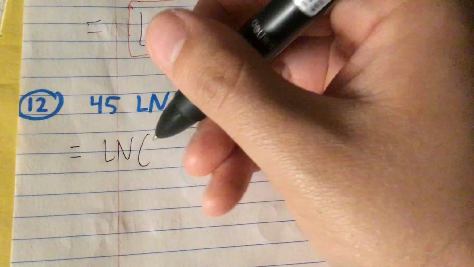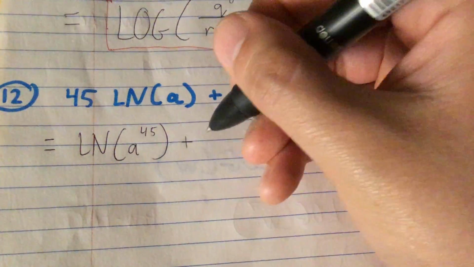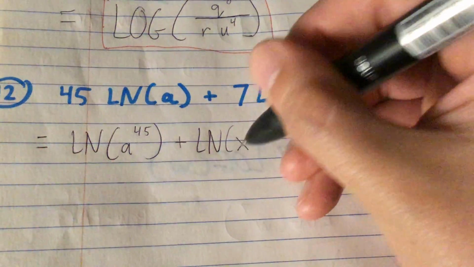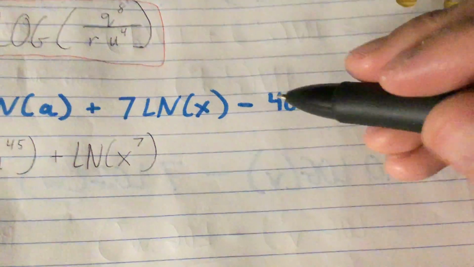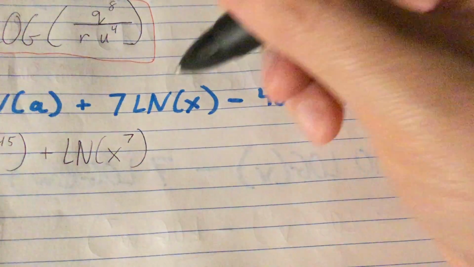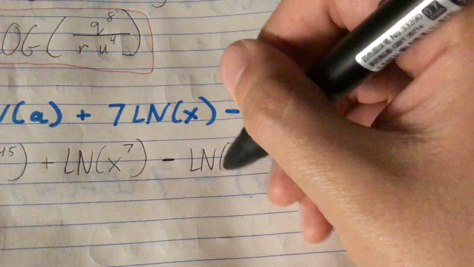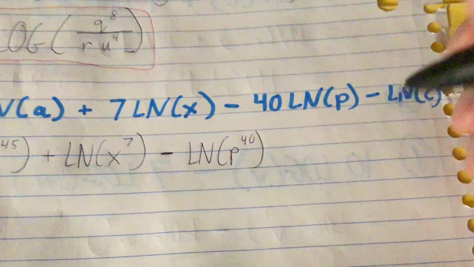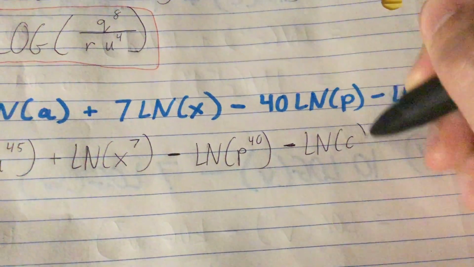So I'm going to make this the natural log of a to the 45th power plus the natural log of, that 7 can go into the exponent as x to the 7th power. That minus 40 can go inside of the natural log of p as an exponent. So minus the natural log of p to the 40th. And there's no factor in front of the natural log of c, so I'm going to leave this as minus the natural log of c.